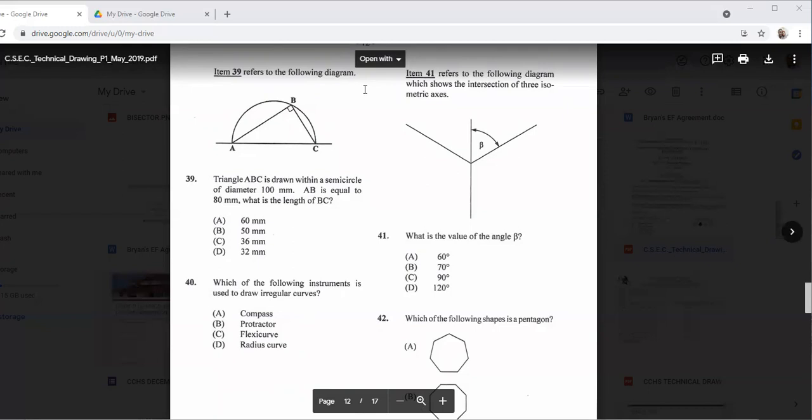For this one, triangle ABC, that is 80. AB is equal to 80 millimeters.